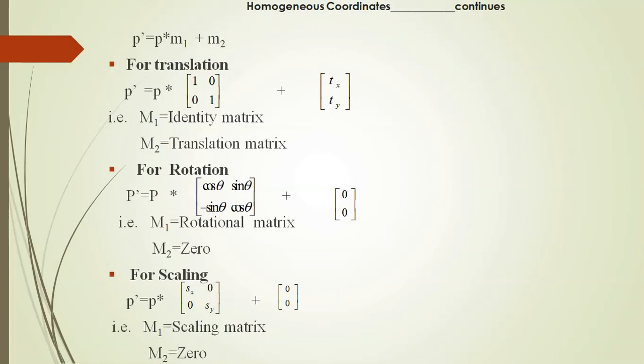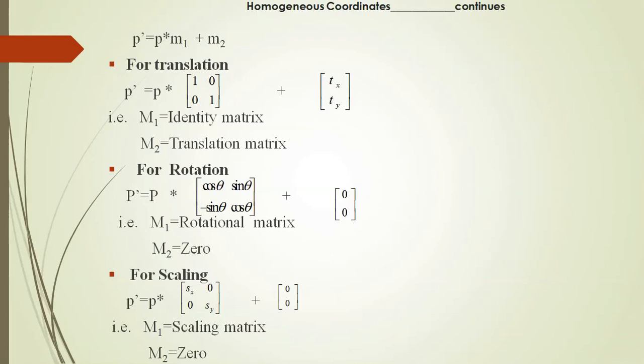Now for rotation. In rotation, the formula is the same, that is P dash is equal to P into M1 plus M2.